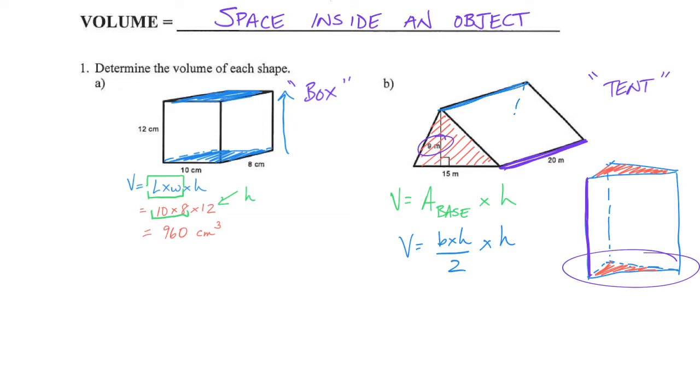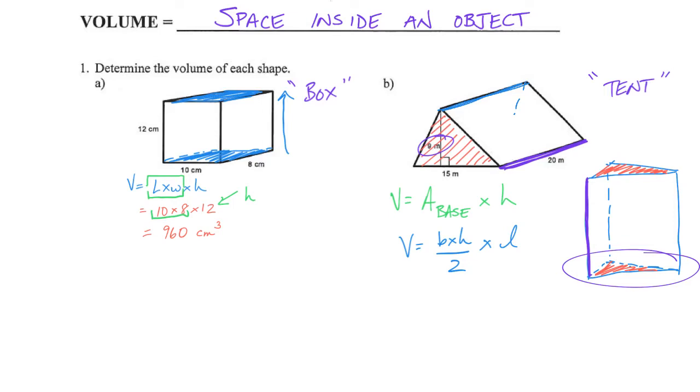As people work through this formula, you'll quite often not even see this H on the end. You'll see it either referred to as a D for the depth of the shape, or sometimes you'll even see it written as an L for length.